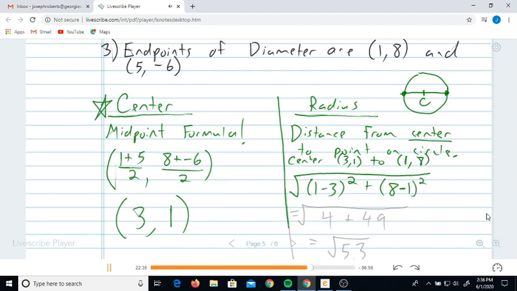So that's just the difference in the x's squared and the difference in the y's squared, which is going to get you 4 plus 49, which is square root of 53.